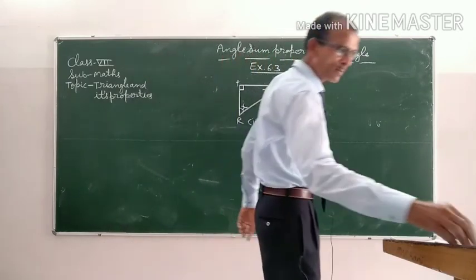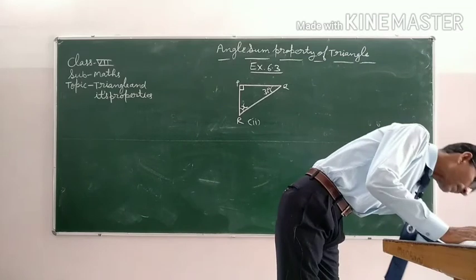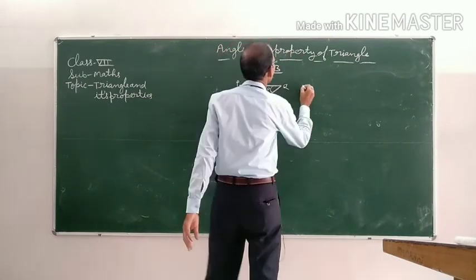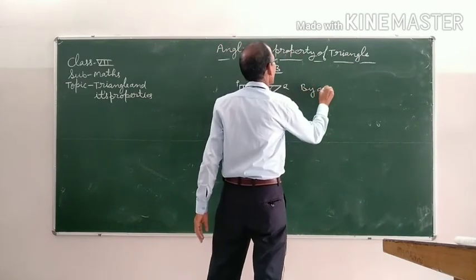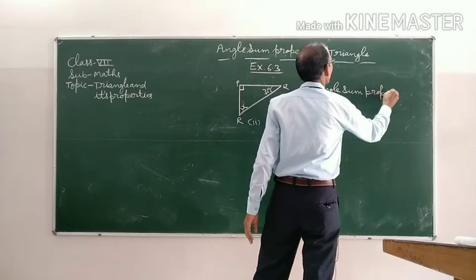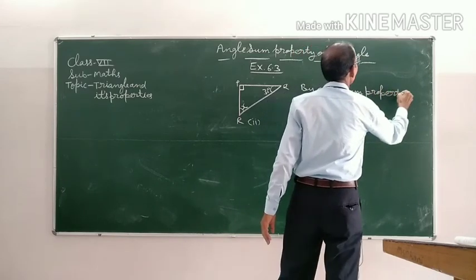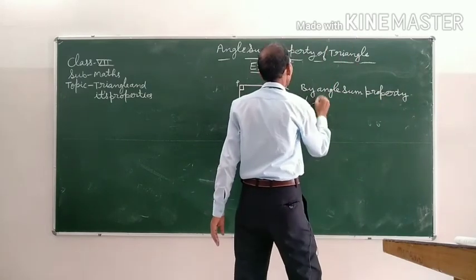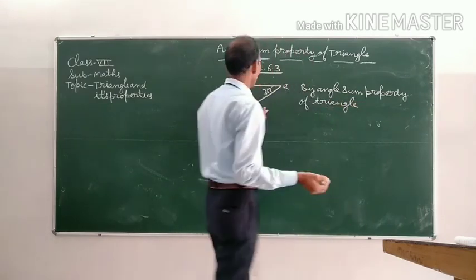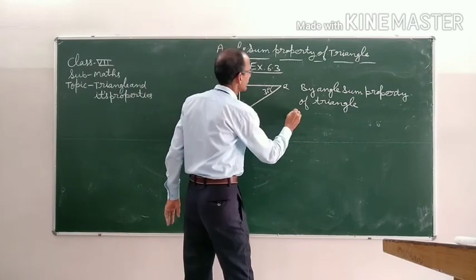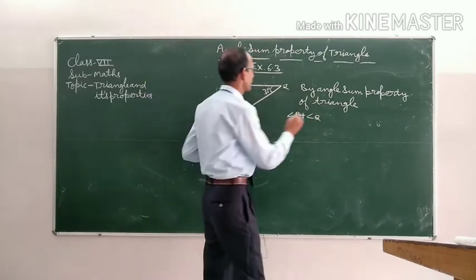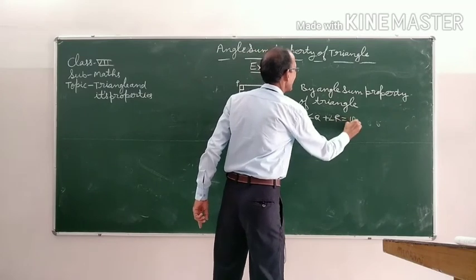So by the angle sum property of triangle, we can write angle P plus angle Q plus angle R is equal to 180 degree.